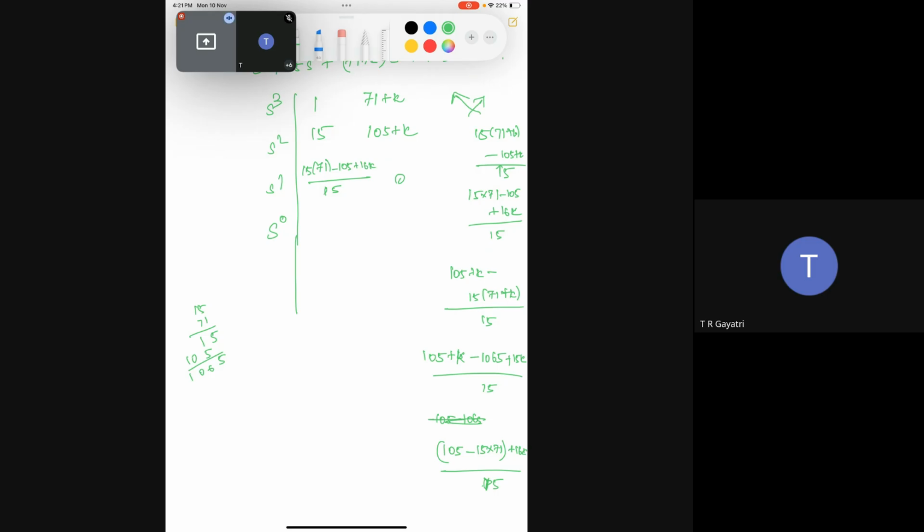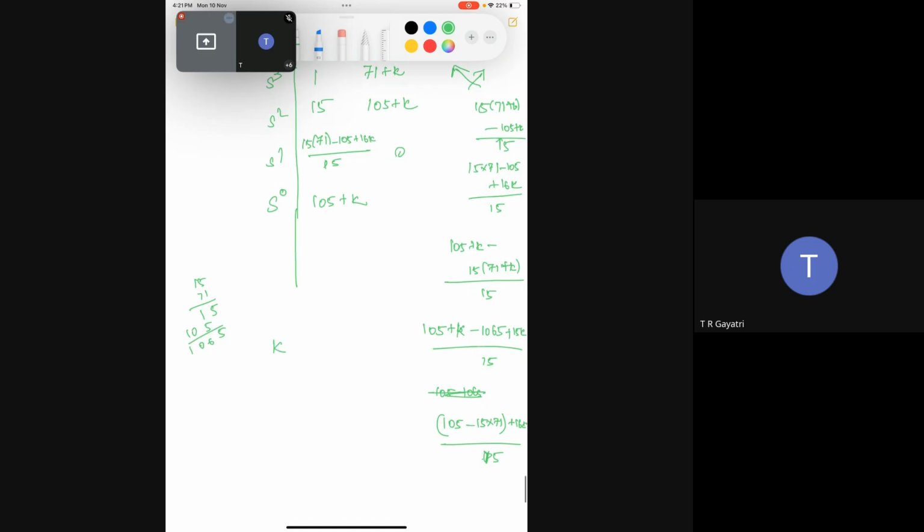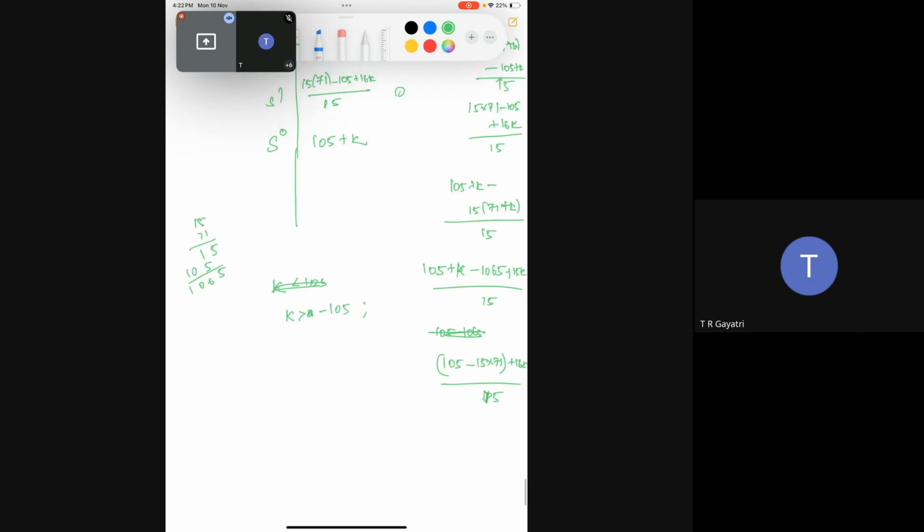So either k should be lesser than 105, no, no. K should be just greater than minus 105. This is for the first condition.